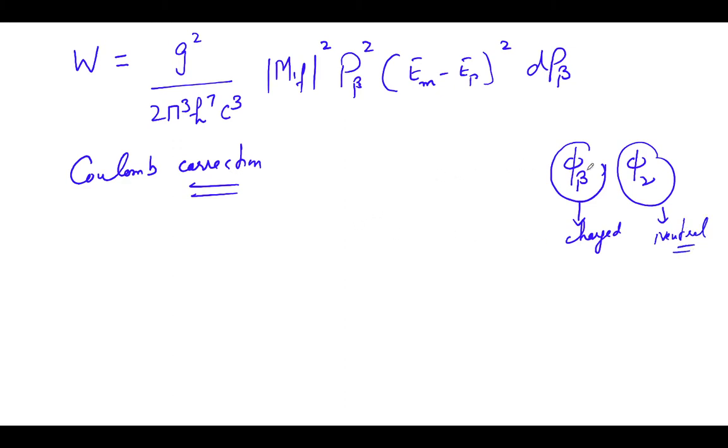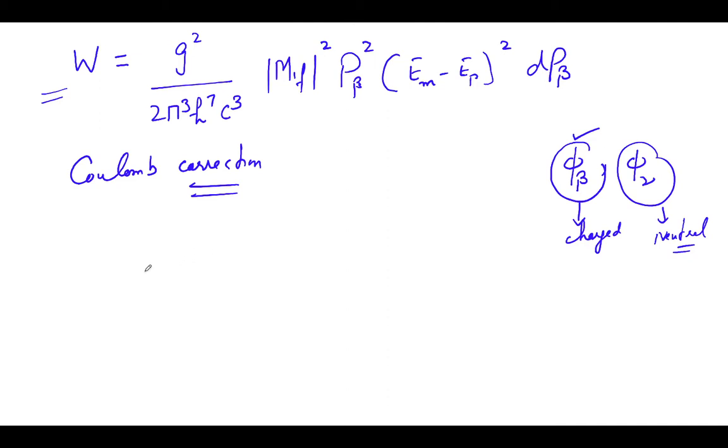Hence this beta particle wave function cannot be a planar wave, which we have assumed in our expression. So introducing the Coulomb correction for the phi b expression, it becomes a non planar wave solution.